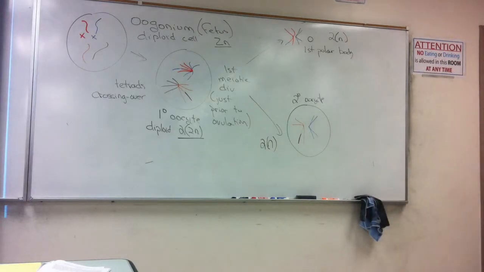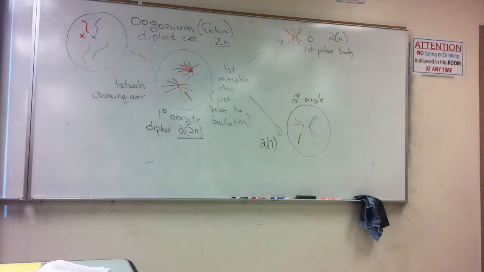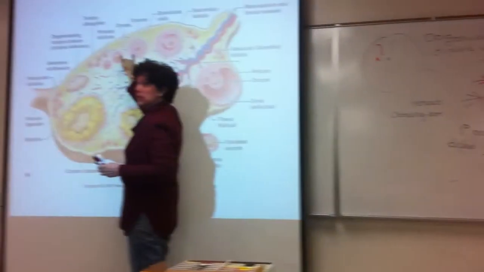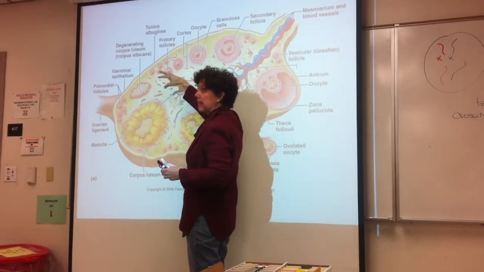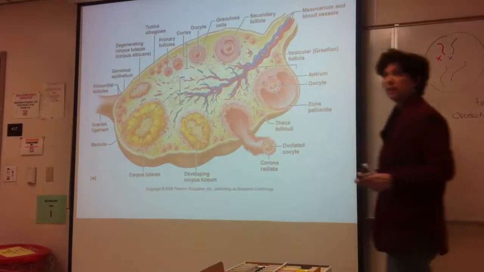So at ovulation, I've drawn them separate, all right? But as the egg is developing, as the oocyte is developing, a protein coat develops around it. We'll talk about that when we go through the follicular development, known as the zona pellucida.